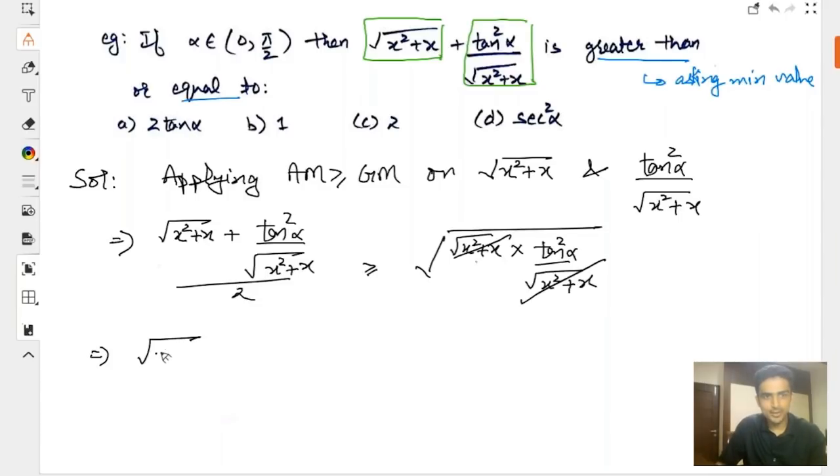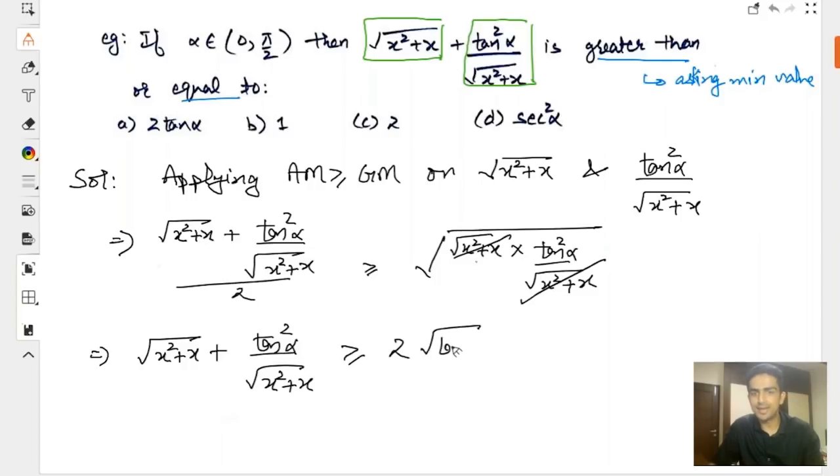So guys, what do you get? The minimum value of this thing we require. Yes or no? You want minimum value of this thing? It is automatically created here. So 2 cross multiplied root of tan square alpha.